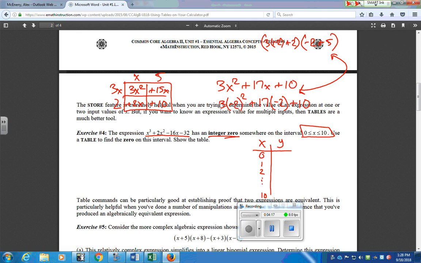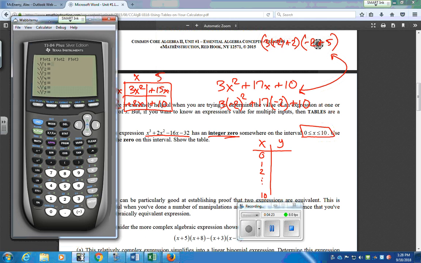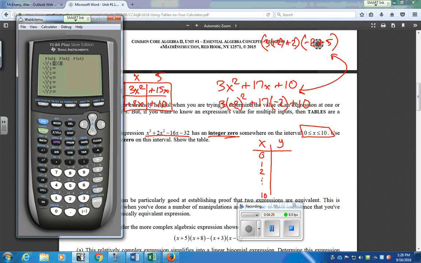So I'm going to take my calculator. I'm going to go to y equals. I'm going to type in x to the third plus 2x squared minus 16x minus 32.